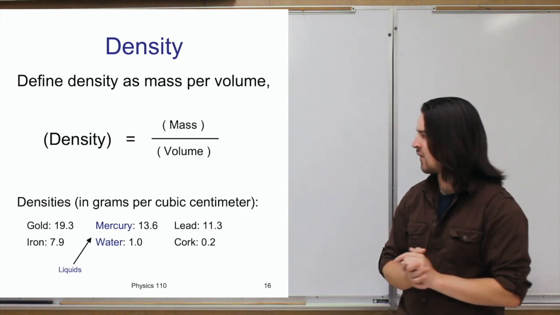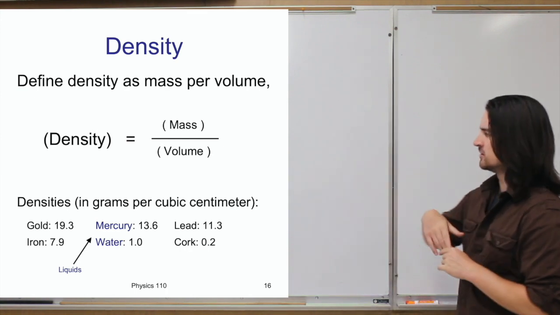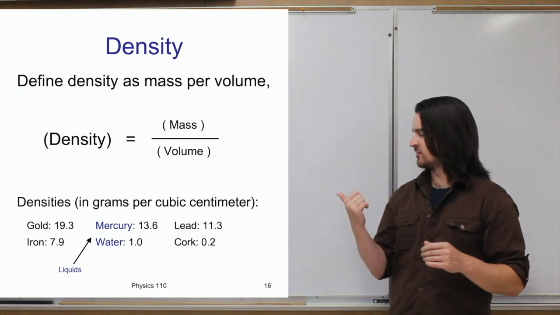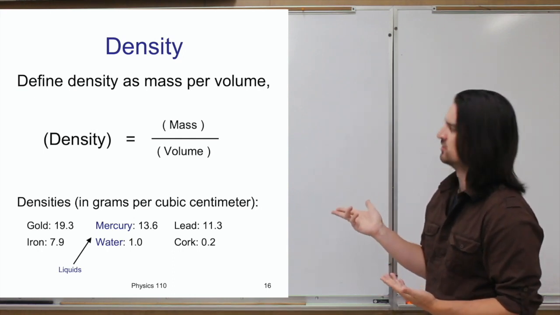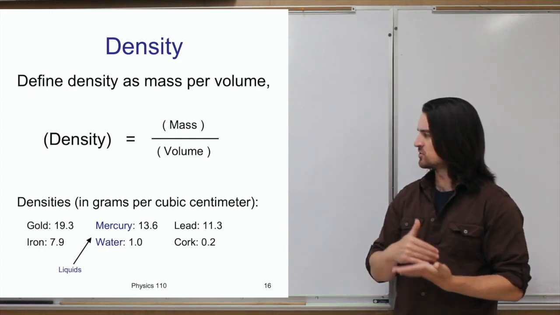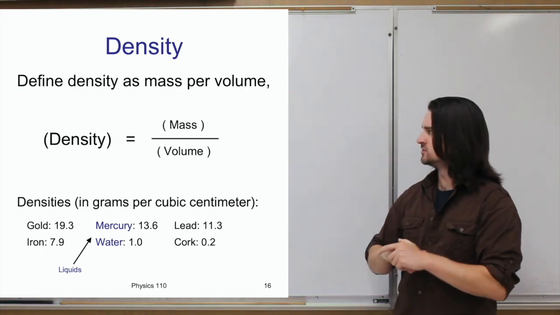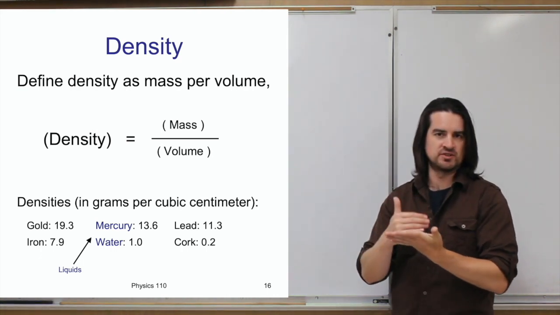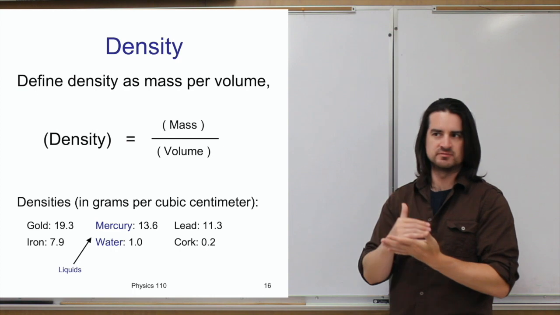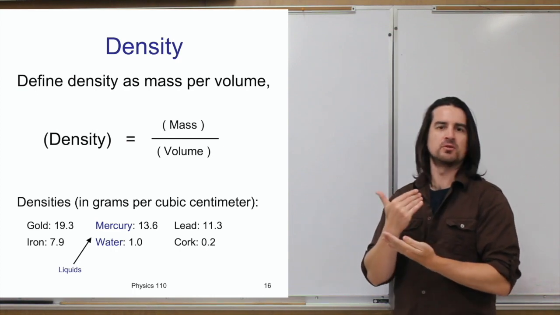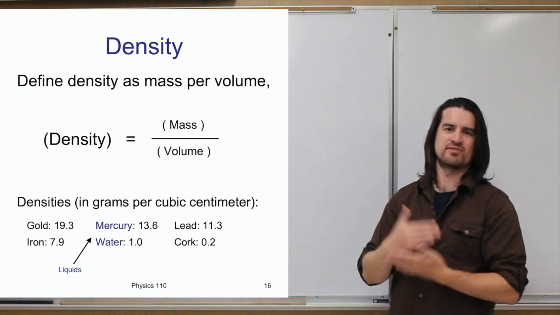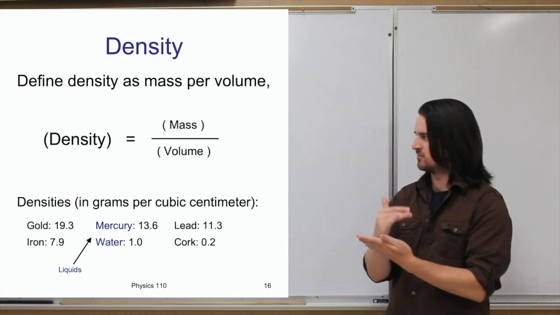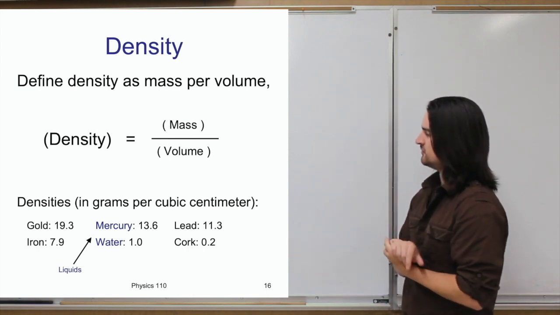So if we're going to measure density, you can measure it in a number of different ways, but I think for the most part we're going to look at it as grams per cubic centimeter. Grams is just the basic standard metric measurement for mass. Oftentimes I've said kilograms, but kilograms is 1,000 grams. Gram is kind of the more basic thing.